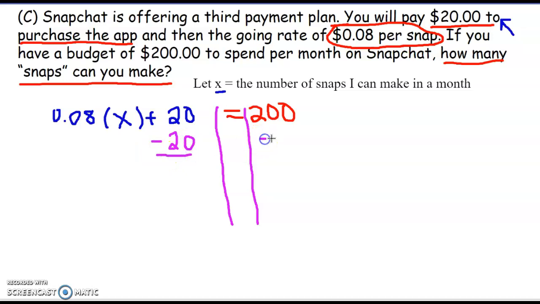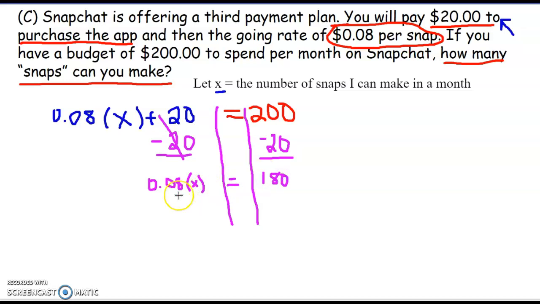Anything I do to one side, I do to the other side of the equal sign. Remember, I am doing this because I want x by itself. I want to know the number of snaps I can make per month. I then zero this out, and I have left on this side 0.08 times X, which is that number of snaps, and that equals 200 minus 20, which is 180.